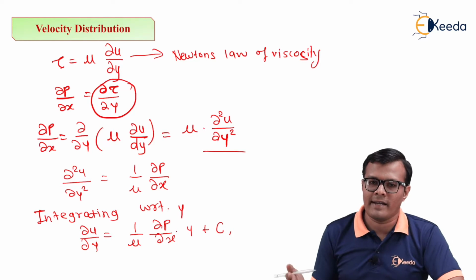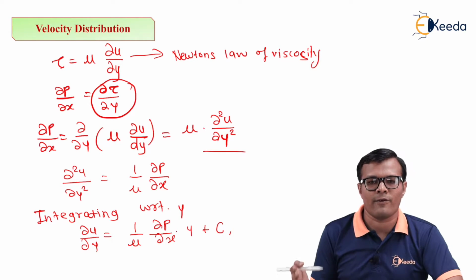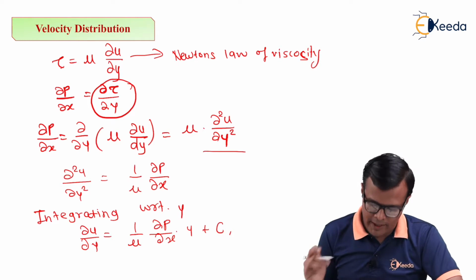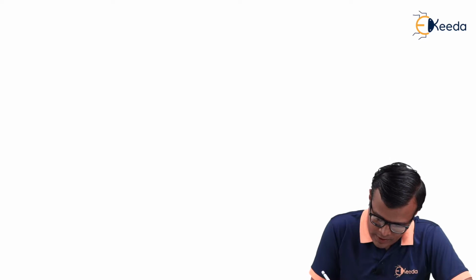c1 is nothing but the integration constant, which can be calculated by considering the boundary conditions and the nature of respective terms. So we have to again integrate it with respect to y so that we will have the clear values of the terms that we are interested in.